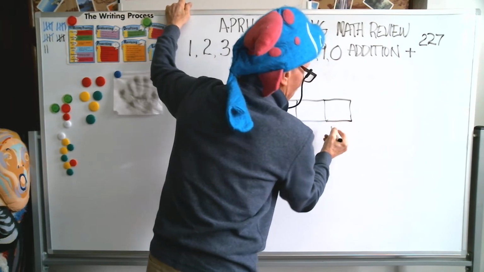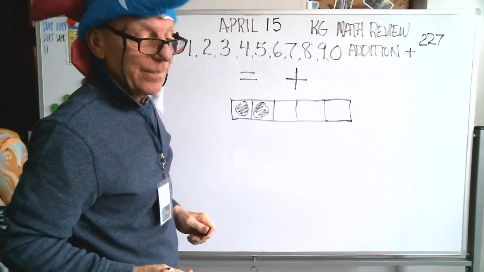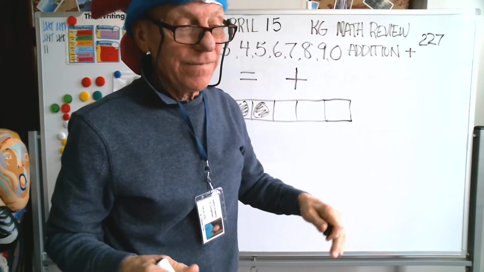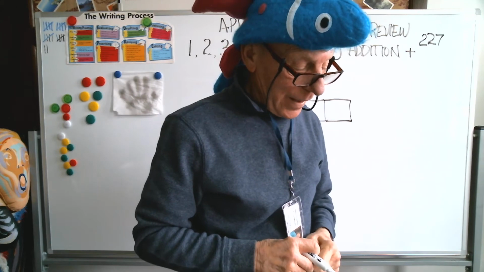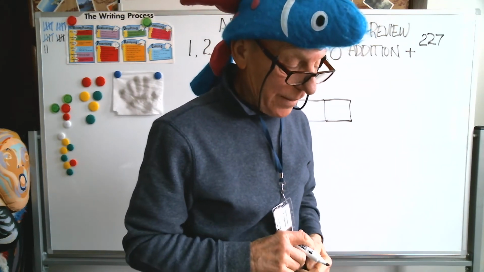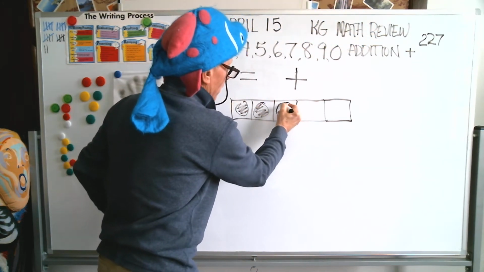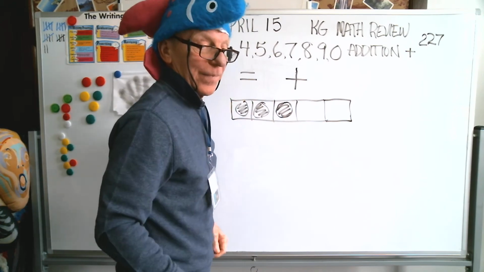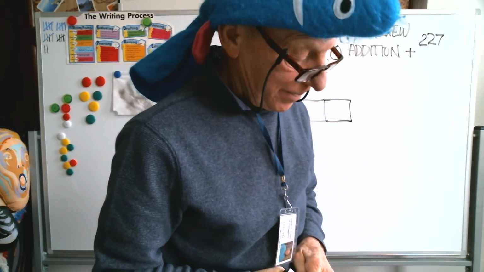Out of the 5 blocks, 2 of them have a red dot in them. And it asks you to add one more to it. So if you add one more to it, it should look like that, where 3 of those blocks have a dot in them.